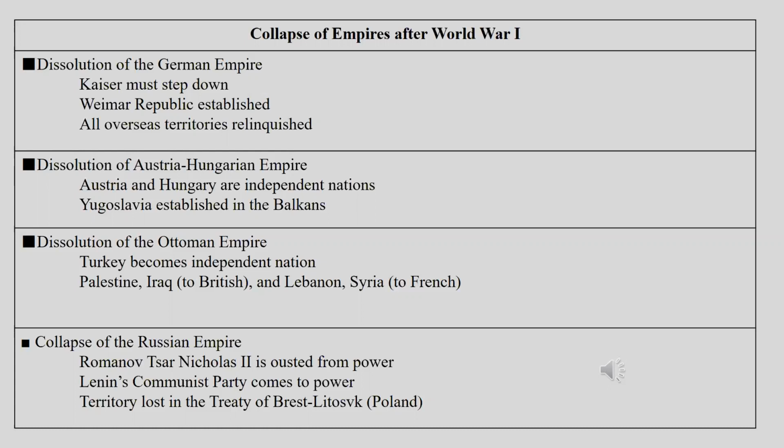The Ottoman Empire was forced to dissolve through additional treaties by 1922, and in its wake, the new nation of Turkey would be established. Arab populations in places such as Iraq, Palestine, and Syria all came under the League of Nations mandate system.